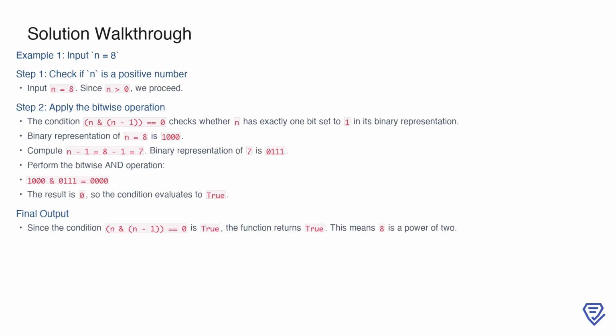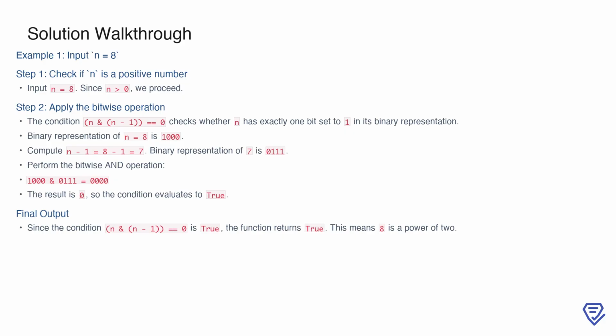To determine if a number is a power of 2, we start with the input n equals 8. First, we check if n is positive. Since n is greater than 0, we can proceed to the next step. Now, we apply the bitwise operation n & (n-1) equals 0. This checks if there is exactly one 1 in the binary representation of n.